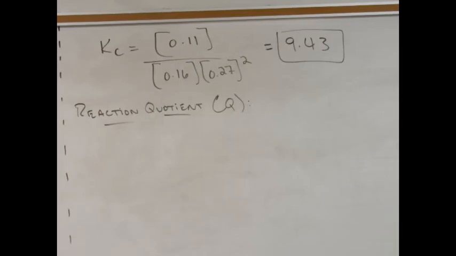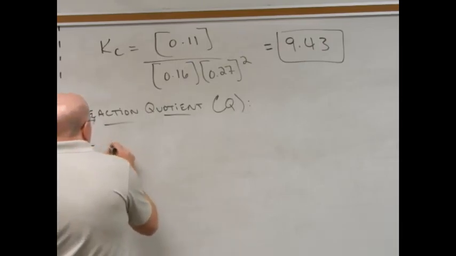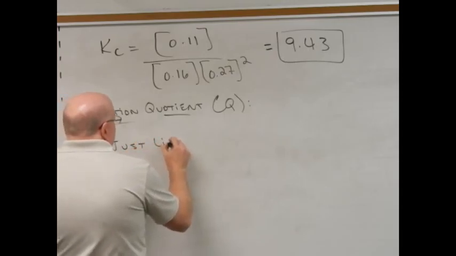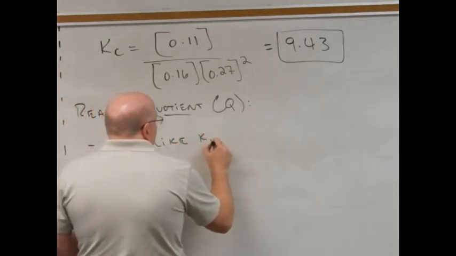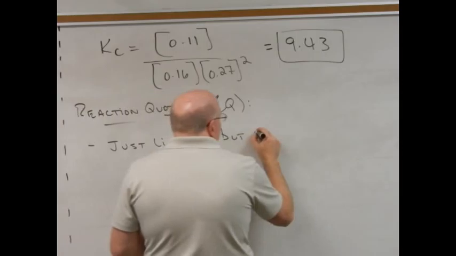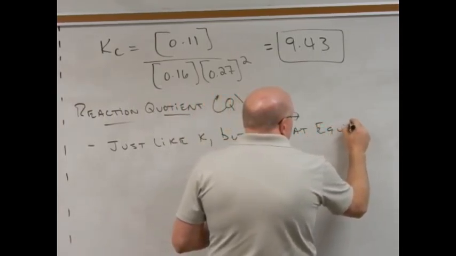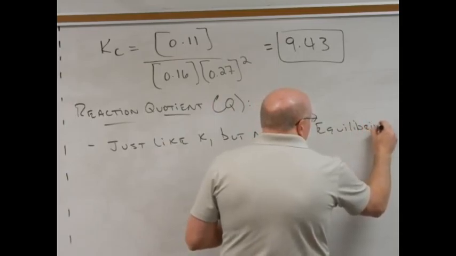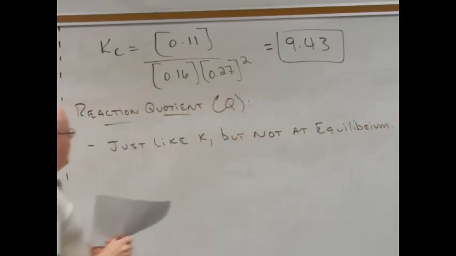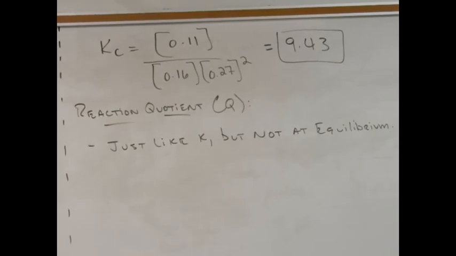So basically, just like K, but not at equilibrium. We use this often because sometimes when we're looking at a reaction and we measure different values, we want to know, did we get to equilibrium yet? Did we slide past it and the reaction is going to reverse? Or are we right at equilibrium?